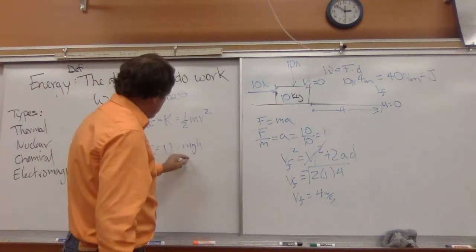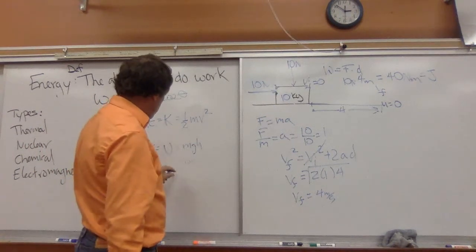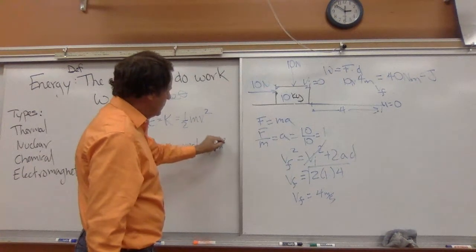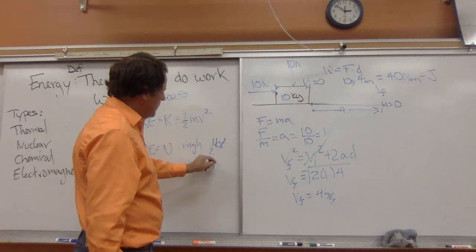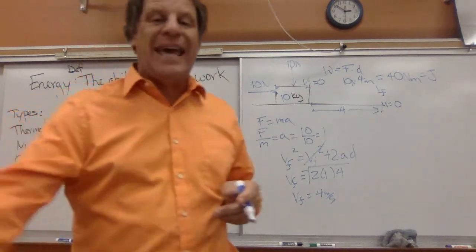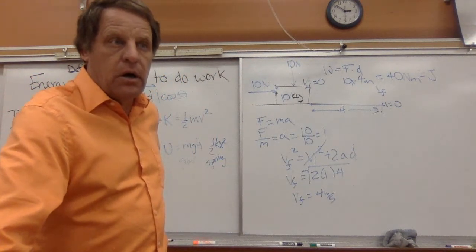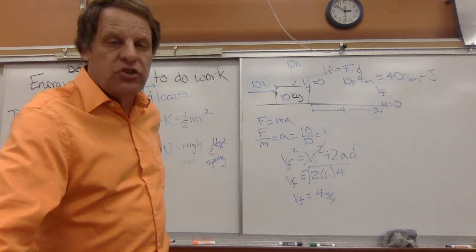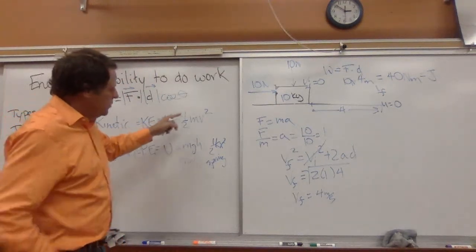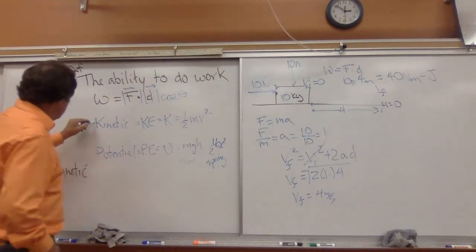So where this is gravitational, we can have another equation, 1/2 kx squared, and that is spring energy. Now, all of these things are examples of potential energy. There's lots of other examples. We are going to essentially concentrate on these three equations.